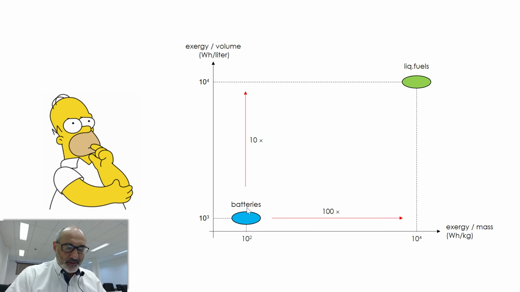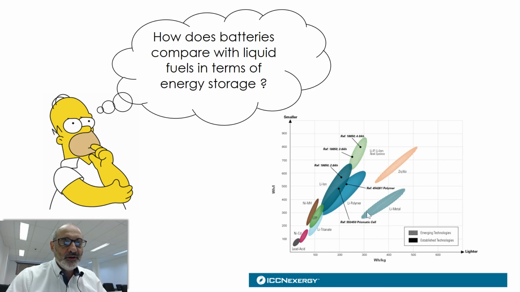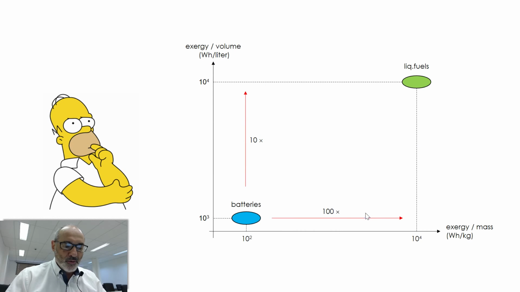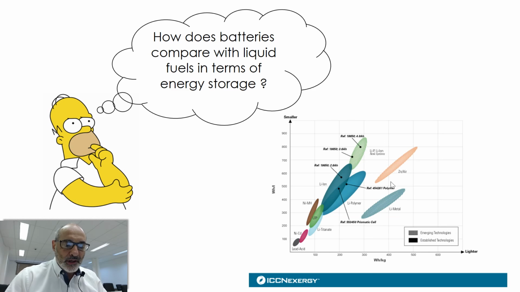So all those batteries that were shown in this previous slide will fall in this region. And liquid fuels will fall far beyond here. Just to have a number, for batteries it's 100, 200, 300, 400 watt-hour per kilogram.